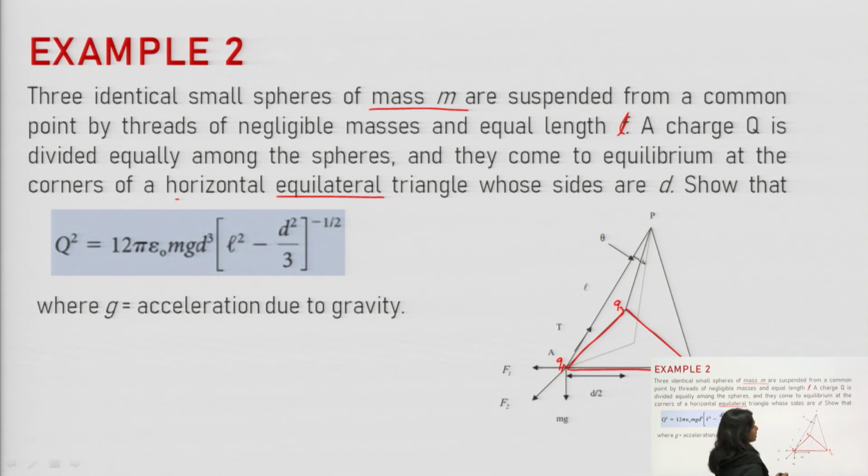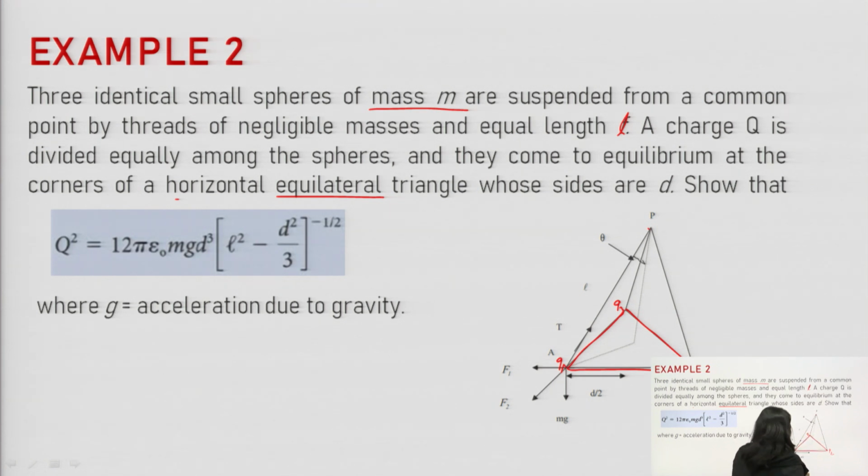All the three charges are suspended with the help of a thread of length L and negligible mass to point P. So this is the thread connected to Q1, this is the thread connected to Q2, this is the thread connected to Q3.